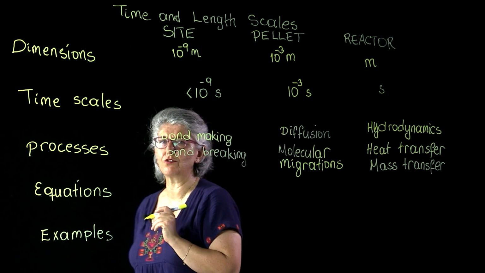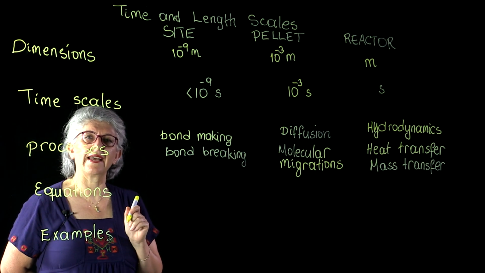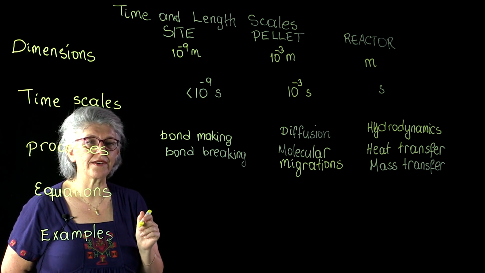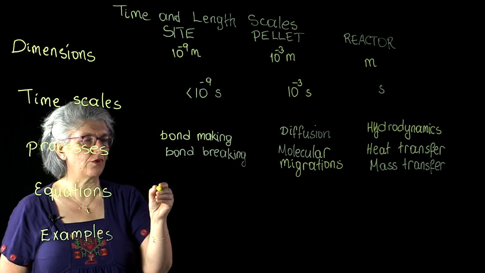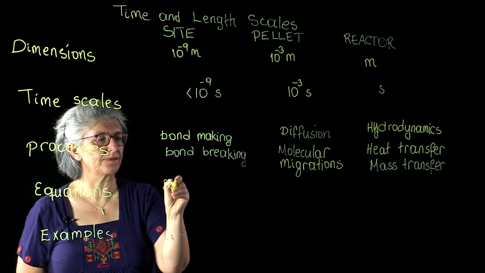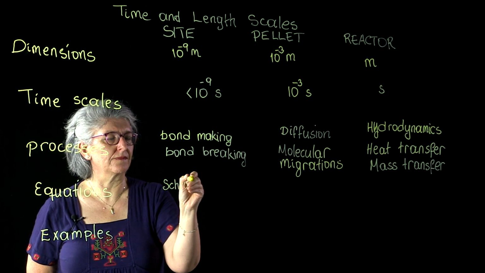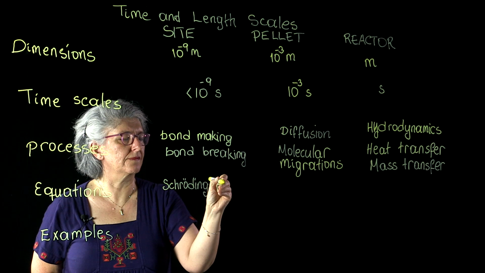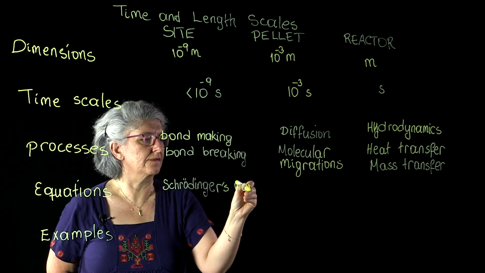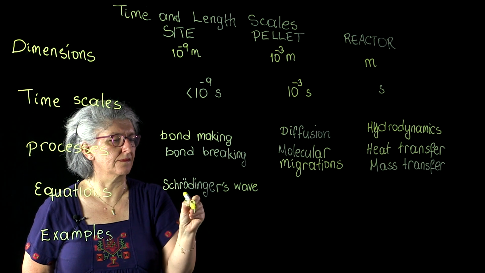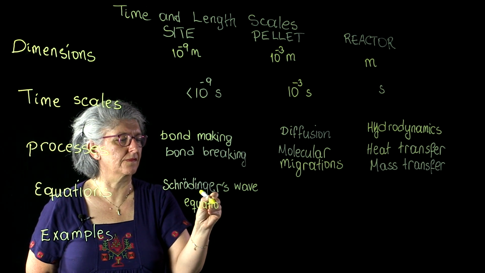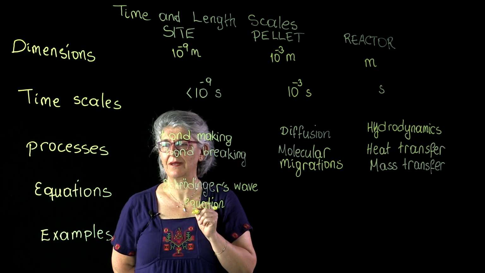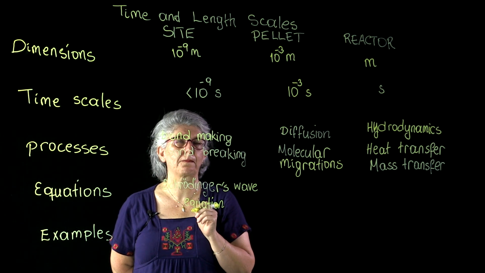Now, which equations do we need to solve in order to have a grip of these events? Bond-making, bond-breaking events require electron transfer, and we have to solve Schrödinger's wave equation. All right. And of course, it's one of its many approximations.